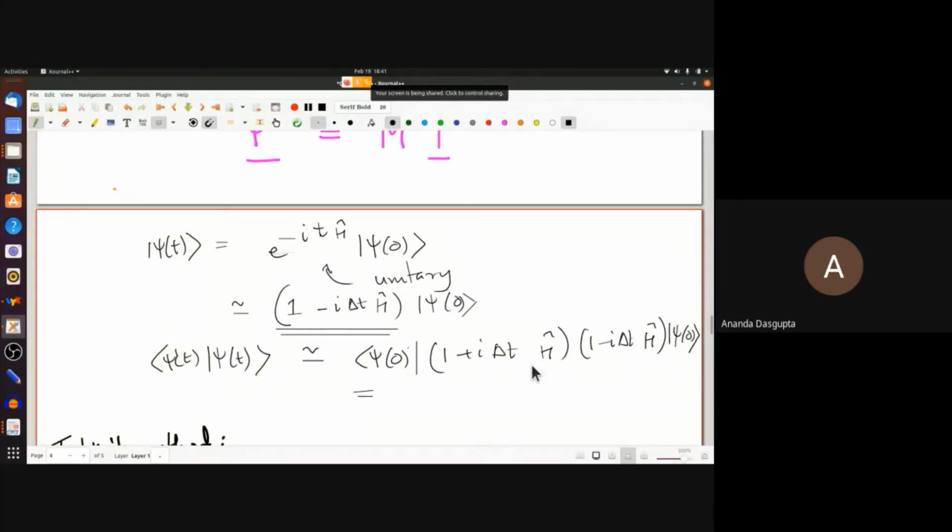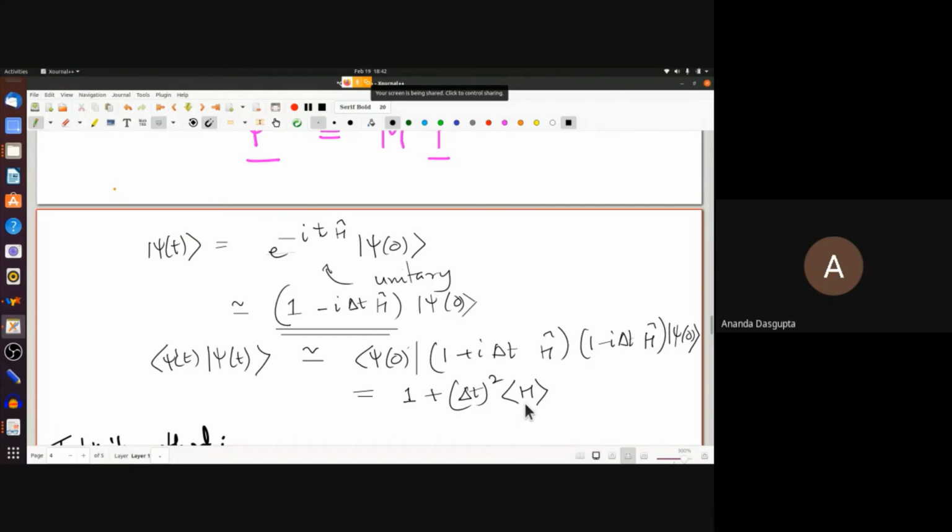If you just multiply it out, you will see that what comes out is 1 plus delta t square times the expression of the energy. So after one time step, it grows by that factor, and that of course happens at every time step. So the norm keeps on increasing with time.